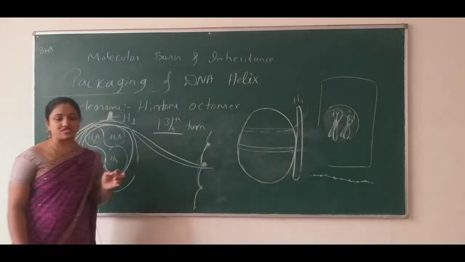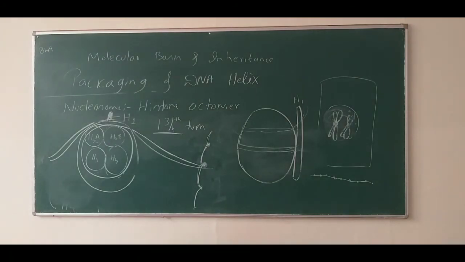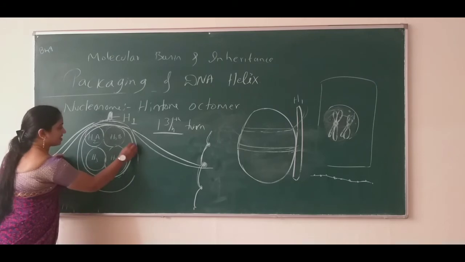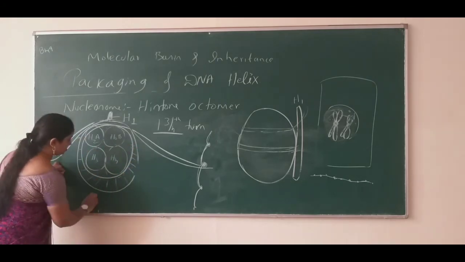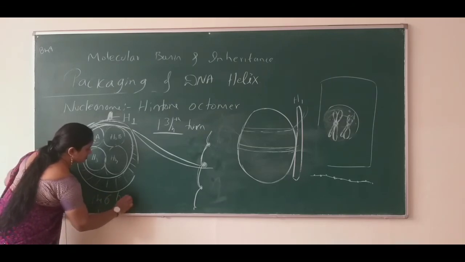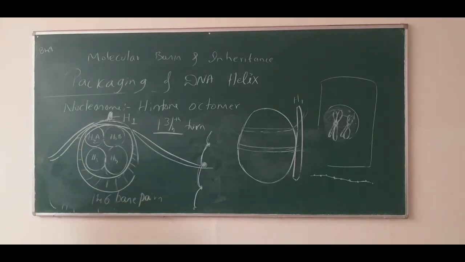One more thing I should tell here: the DNA strand which is wrapped around the histone octamer has 146 base pairs, and that DNA is known as core DNA.